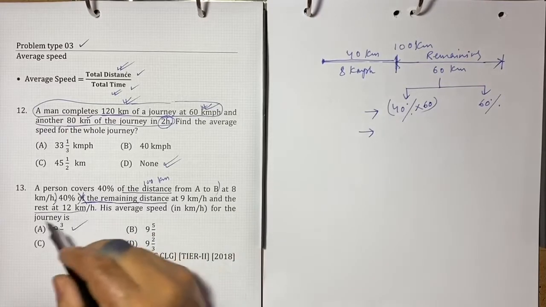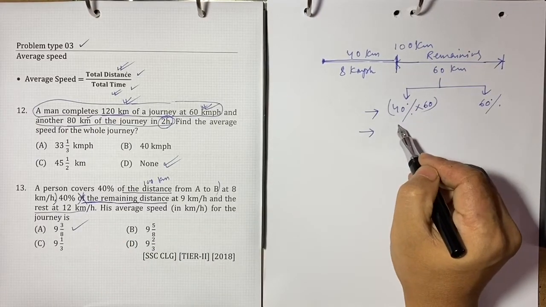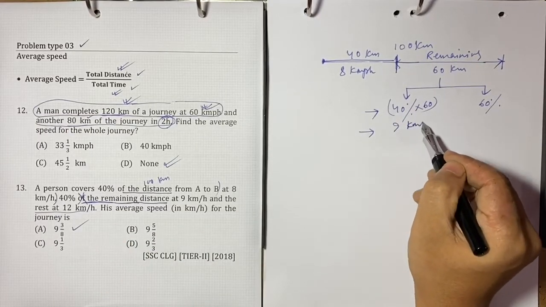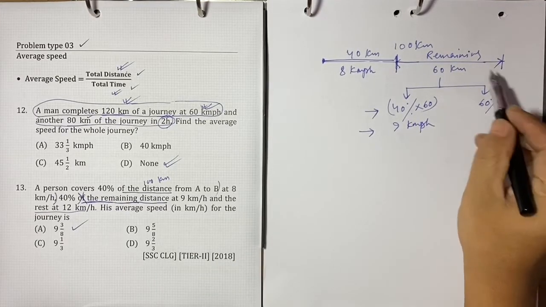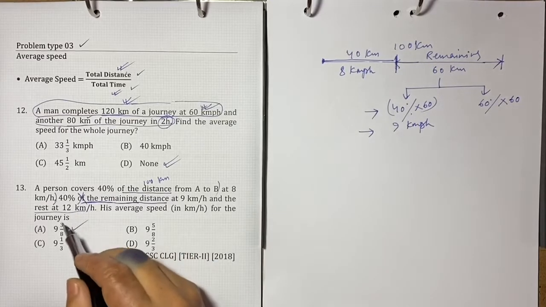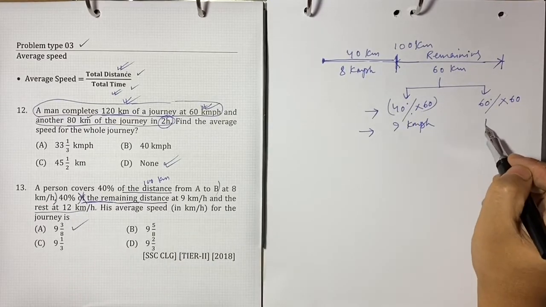The speed for that part is 9 km/h. The rest, 60% of the remaining, is 60% into 60, and its speed is 12 km/h.